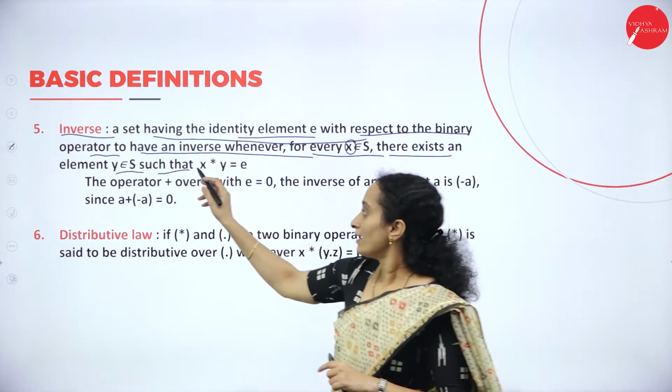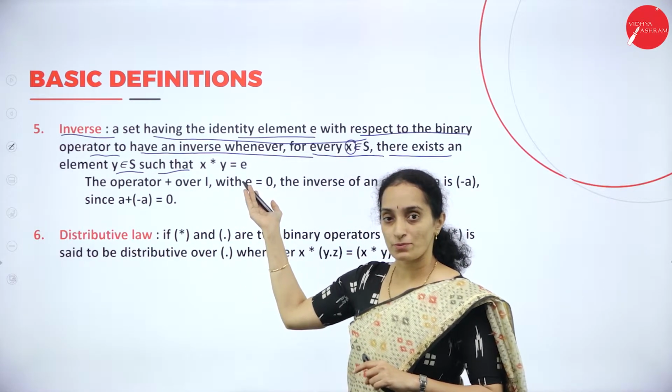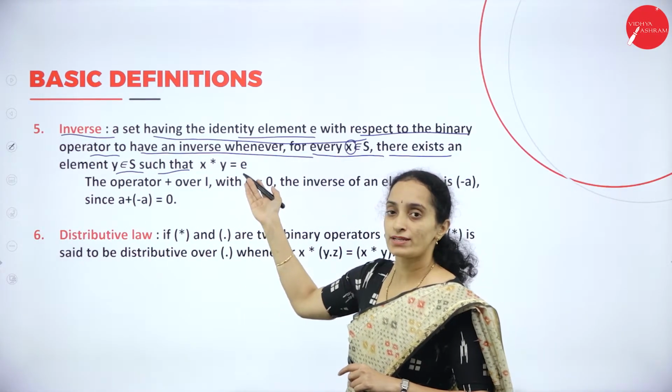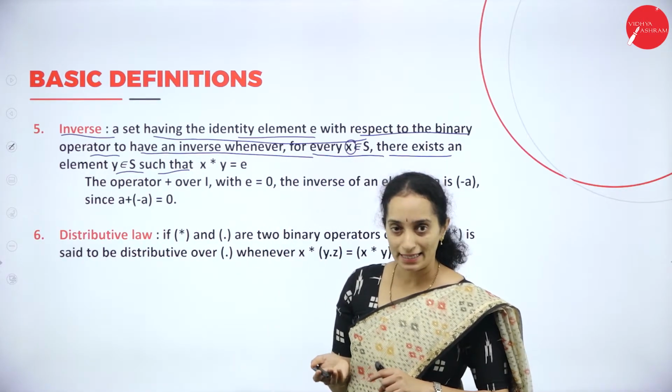When x and the inverse element y are multiplied, you will get the identity element E.